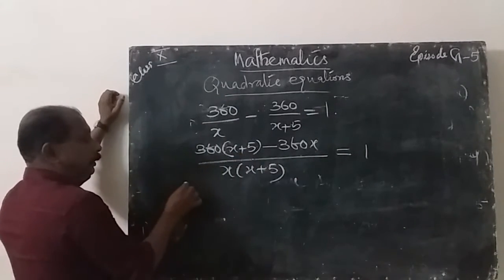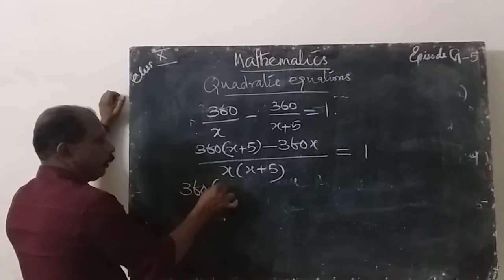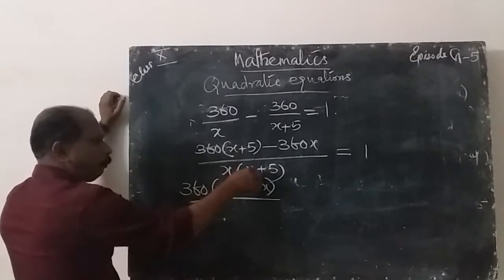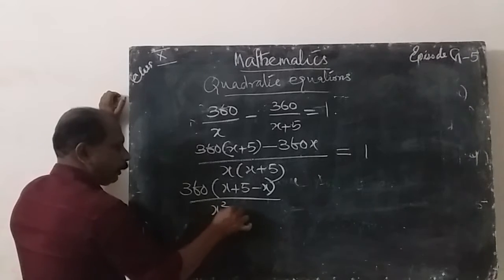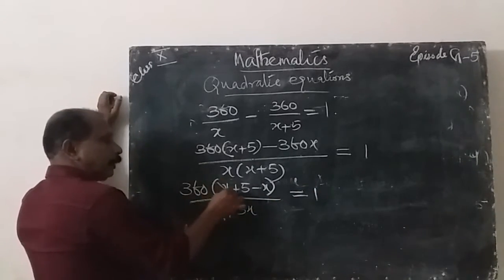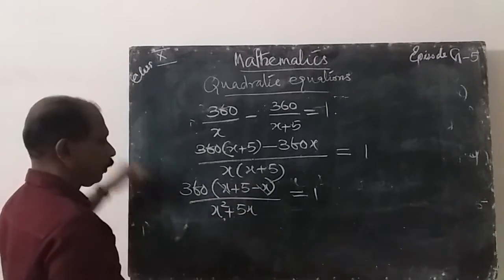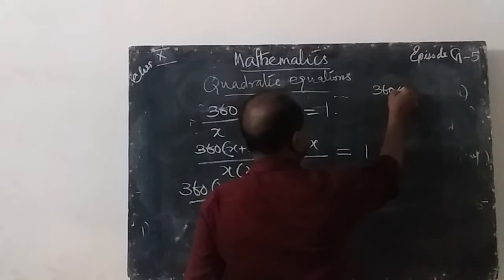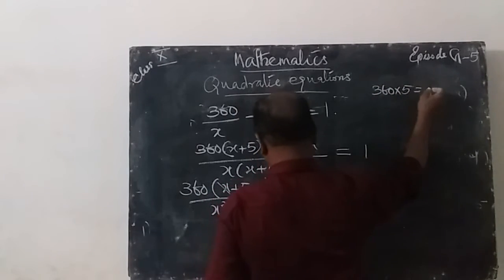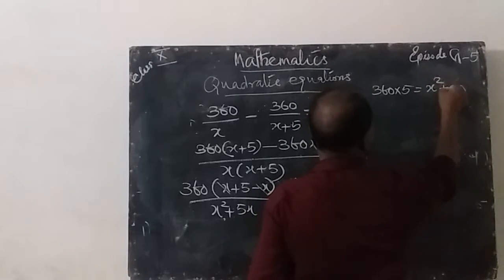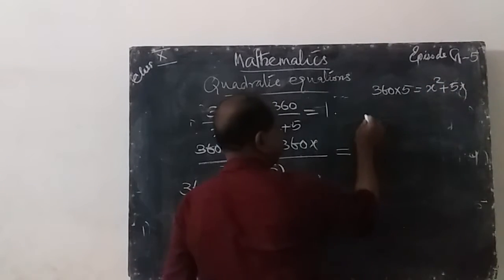Then take 360 as common. x plus 5 minus x by x square plus 5x is equal to 1. Cancel x and x. Cross multiplication: 360 into 5 is equal to x square plus 5x. That is the equation.